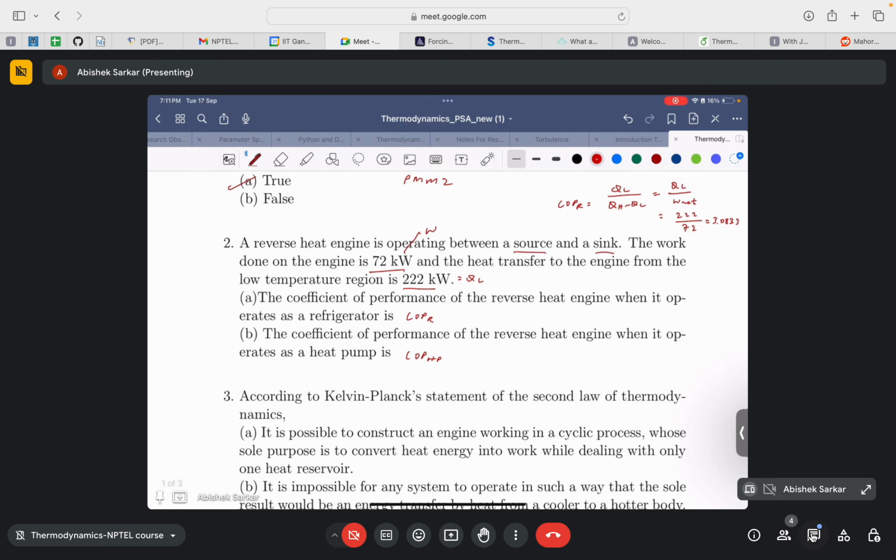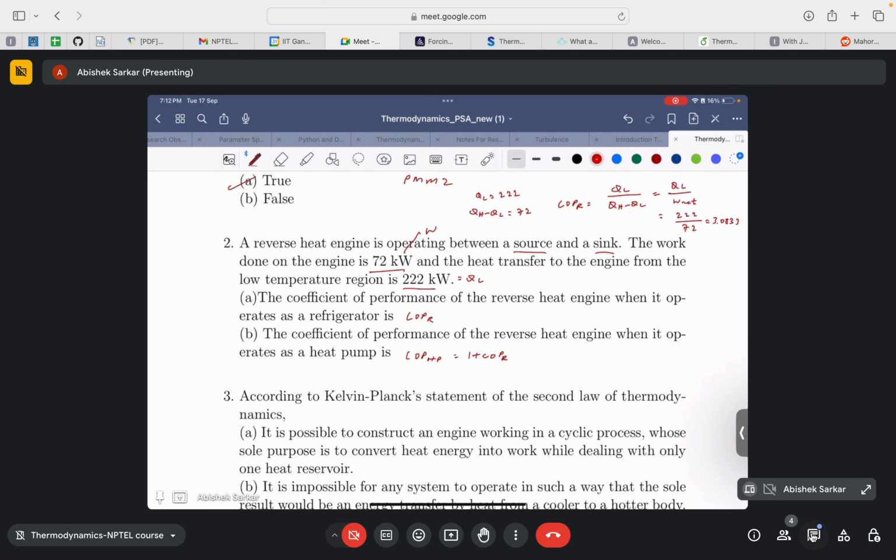Similarly for the heat pump, you can use different techniques to find this. One simple way is to do 1 plus COPR, but another way is this one again. Since you already know QL by QH, you know QL is 222 and QH minus QL is 72.